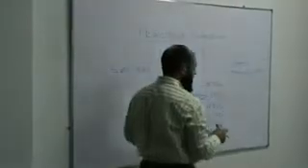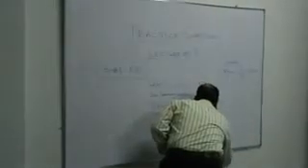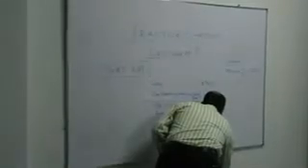So 7% of 9,000 is $630. This interest expense is to be deducted. Once we deduct interest expense from EBIT, we get EBT, earnings before tax, which is 4,870. So this is earning before tax, or the taxable income.